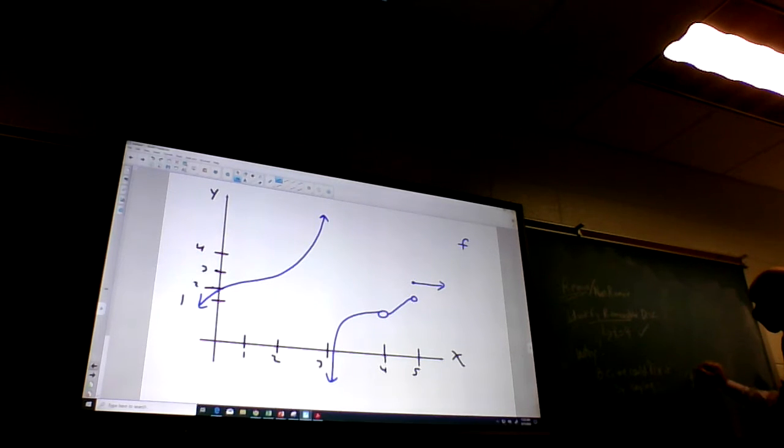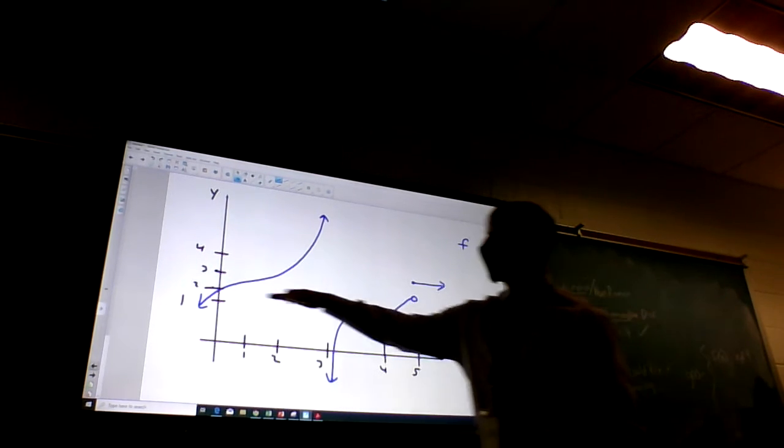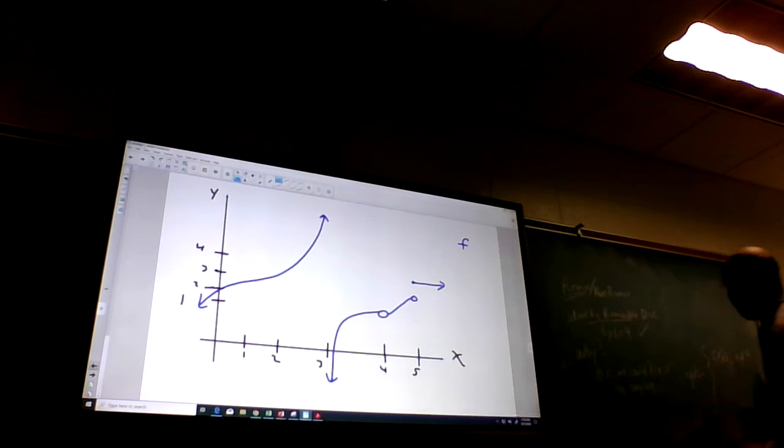I could say g of x is equal to f of x for all x not equaling 4. And then I could say, guys, can we just pretend that that's 1?